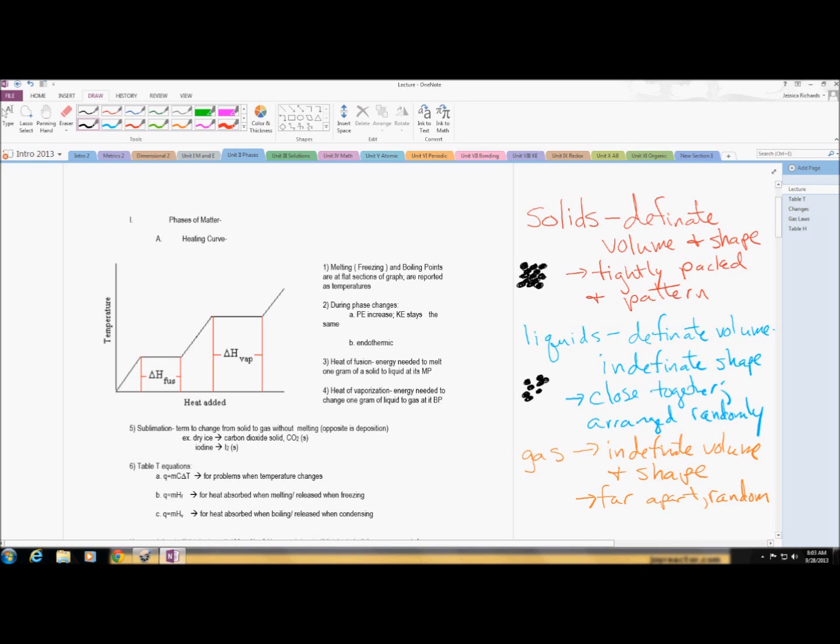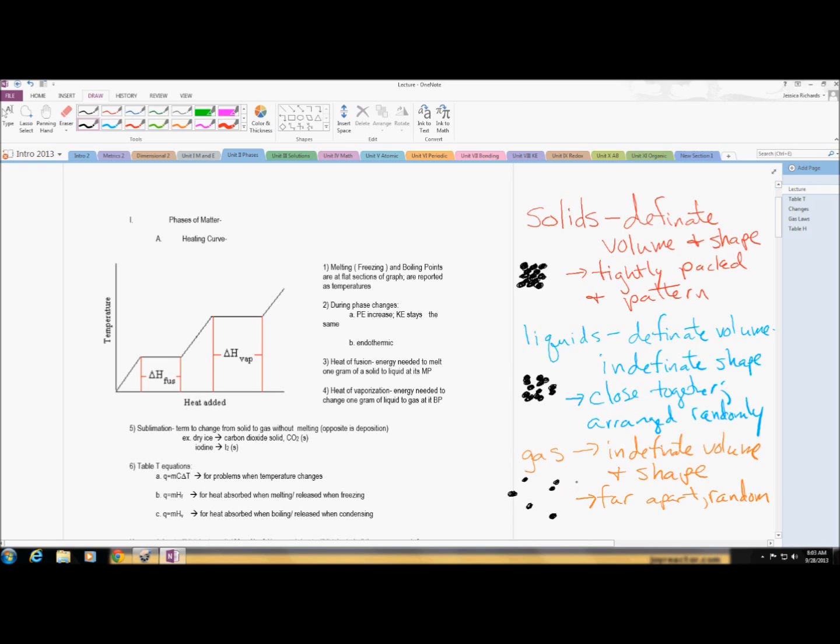We tend to like to put things in a pattern. So be careful that when you do it, they really truly come out random and that you're not making some other kind of pattern. Gases have to be randomly arranged and far apart. And this is another one where it gets really easy to accidentally put them into a pattern.